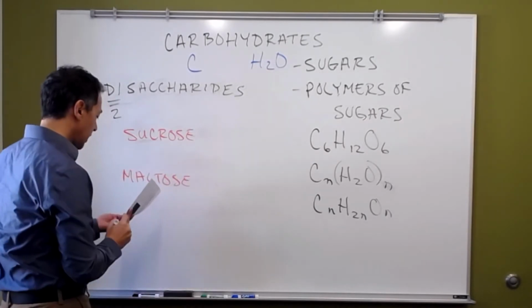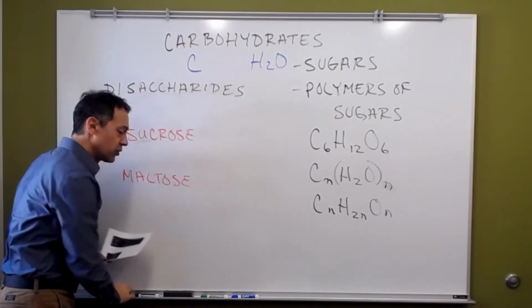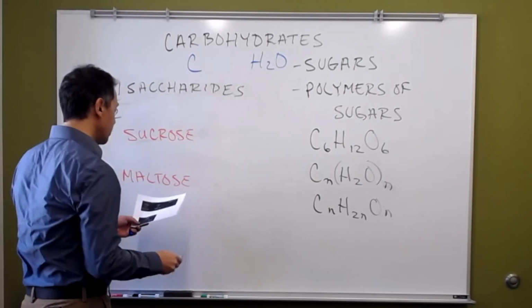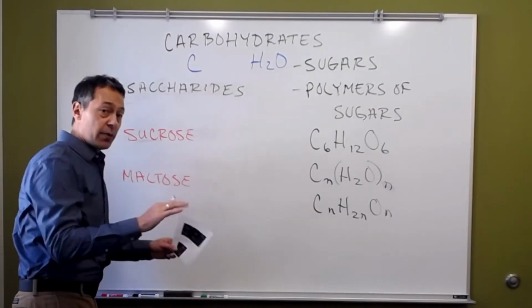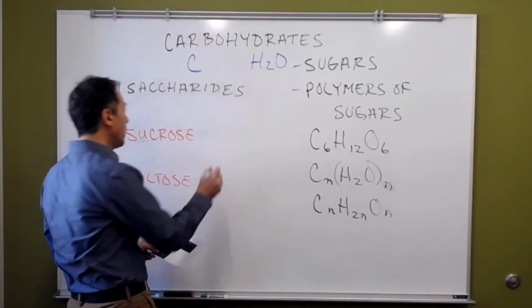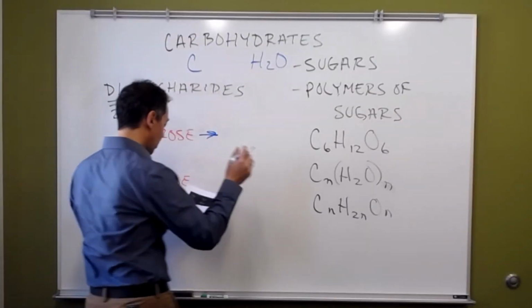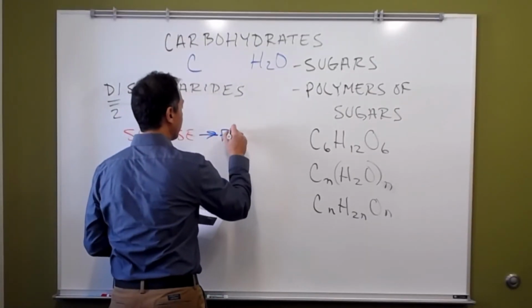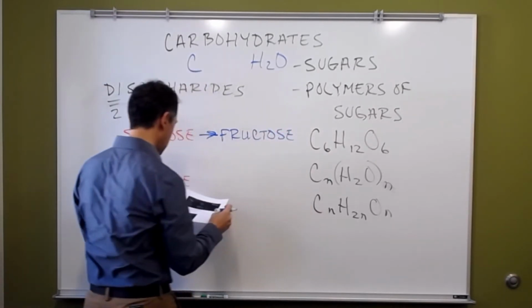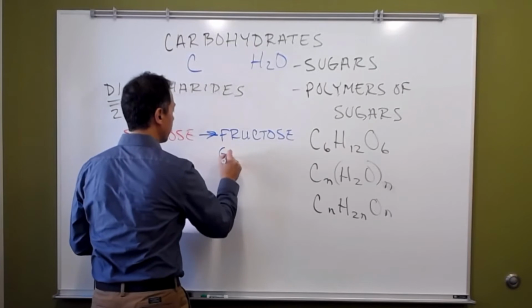And you might recognize sucrose. Sucrose is what we think of as table sugar, and sucrose is two monomers joined together. Those two monomers are fructose and glucose.